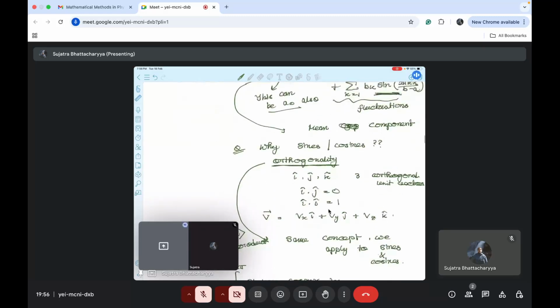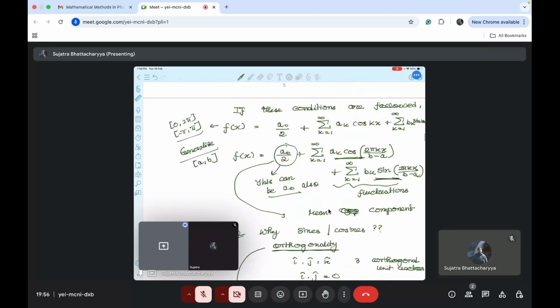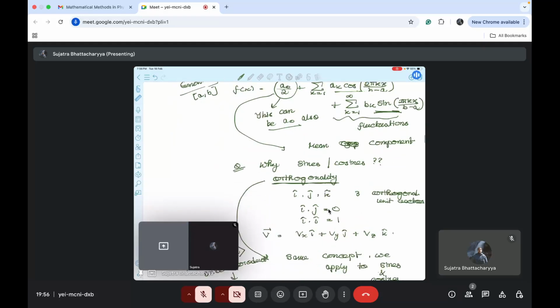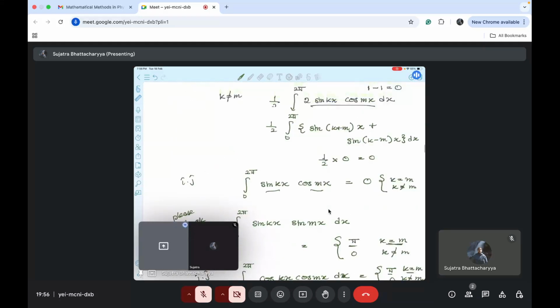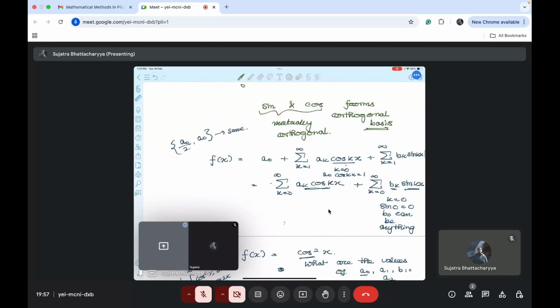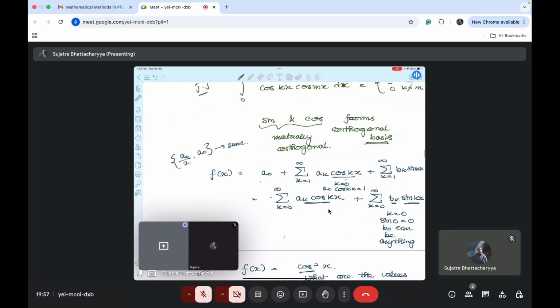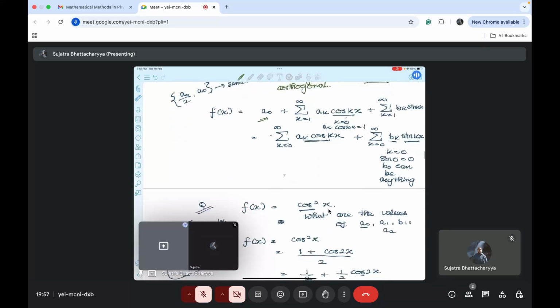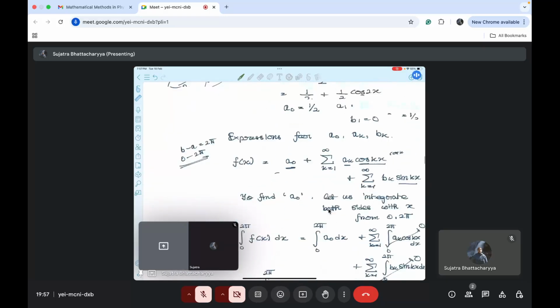If these conditions are satisfied, we can write any function in terms of the general basis like cos and sine. Why cos and sine? You can see that they form orthogonal sets, mutually orthogonal pairs. So that's why we can write it. Here you can write a naught or a naught by 2, the definitions will change, that's all. And this is a question which we have done.